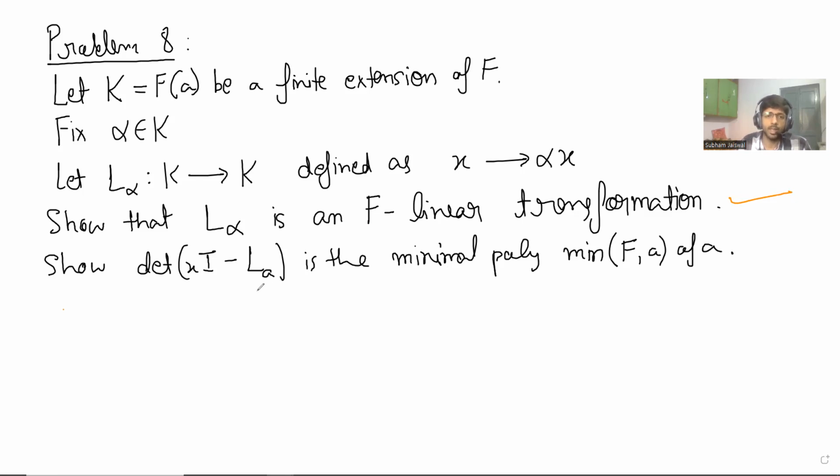So as I said, this LA is being thought of as a matrix now, and then you can talk about this determinant. You can directly talk about determinant of the transformation. So is it clear?